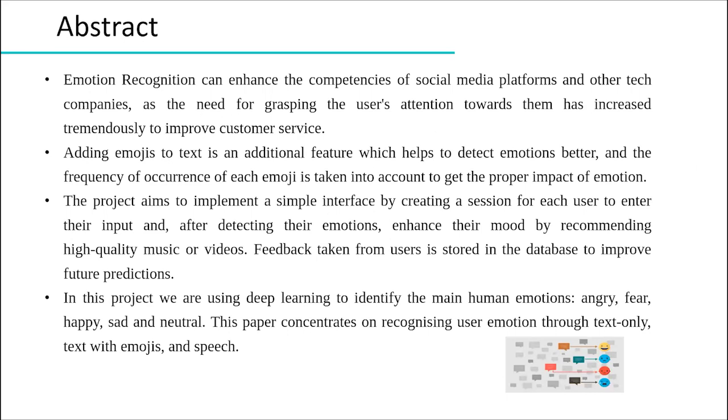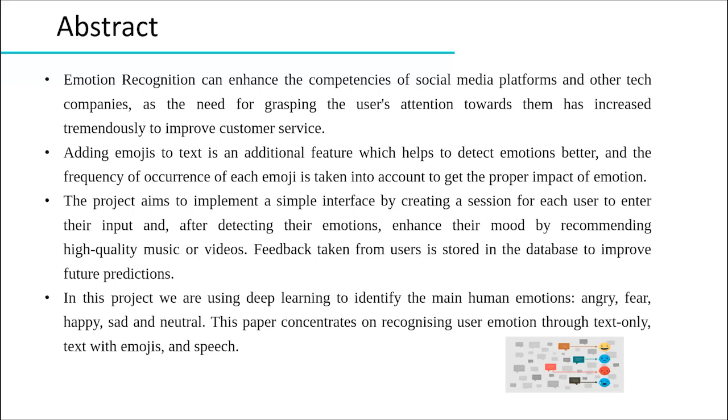So just to reiterate, emotion recognition is the ability of detecting human expressions in the form of emotions. This is mainly useful for social media and e-commerce platforms to grasp the attention of the users and improve their service. So our project basically focuses on 5 emotions, which include happy, sad, fear, angry, and neutral. The input is in the form of text only, text with emojis, or speech.